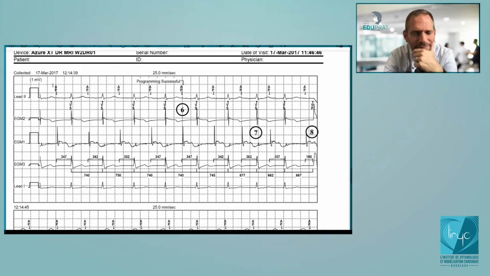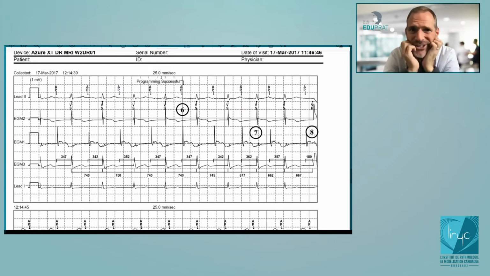You see here, the patient with a long PR interval. You see, it's 350 milliseconds, 350, 350. Programming successful. I will show you how to do it. But I have now programmed the possibility of the algorithm to automatically switch if there is a long PR interval.